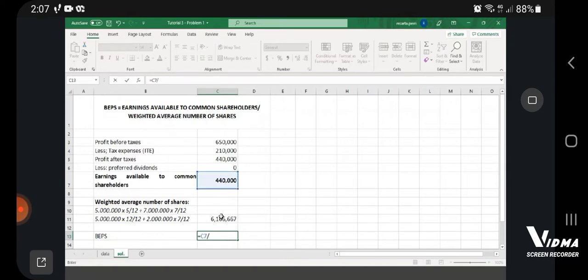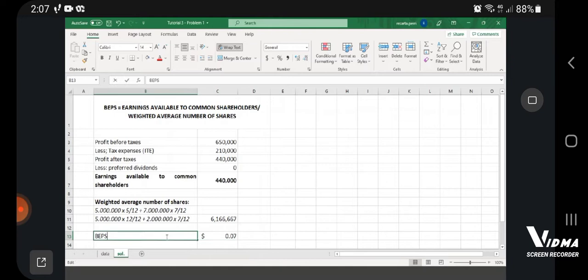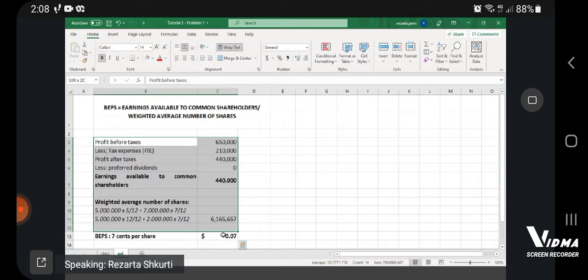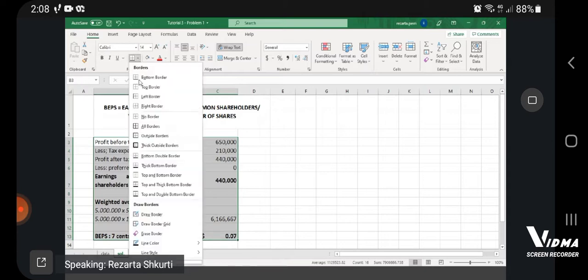Earnings divided by the number of shares, expressed in a currency value. That means the basic earnings per share will be 7 cents per share. This is the amount of the basic earnings per share calculated according to the requirements of IAS 33.